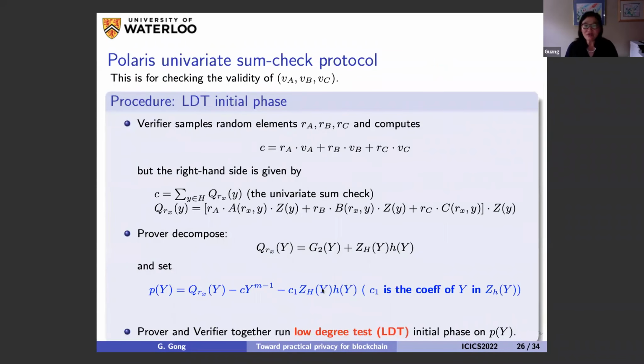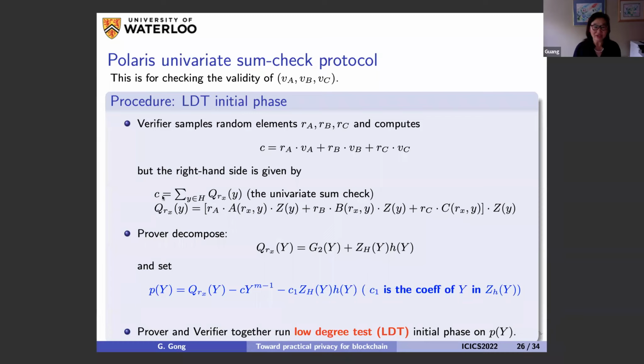For the univariate sum check protocol, basically it checks the validity of VA, VB, VC. We did not check this before, we just directly used it. So how do we check this? Basically, you randomly pick 3 elements and form this equality. However, this equality is basically a univariate sum check.